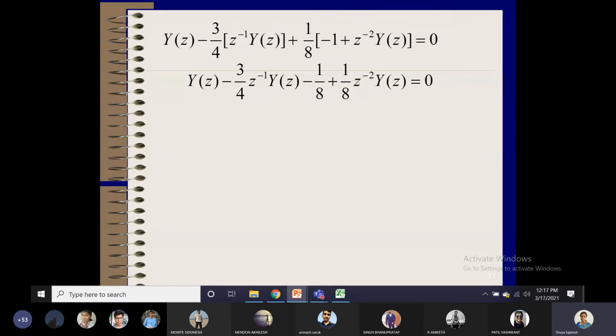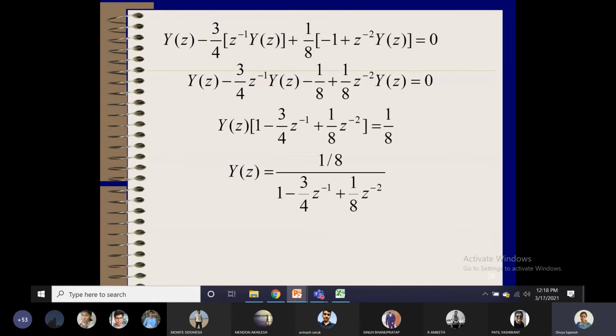Open the bracket and let us obtain Y of z. Take it common out, and the one term, that is 1 by 8, can be taken to the right hand side of the equation. Now let us obtain Y of z as 1 upon 8 divided by 1 minus 3 by 4 z inverse plus 1 by 8 z raised to minus 2.